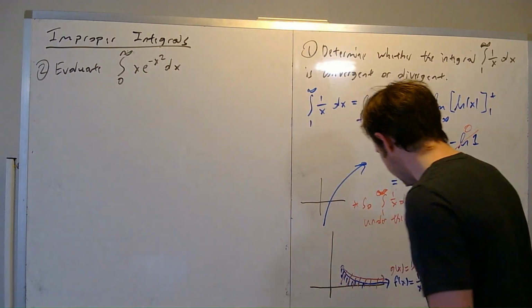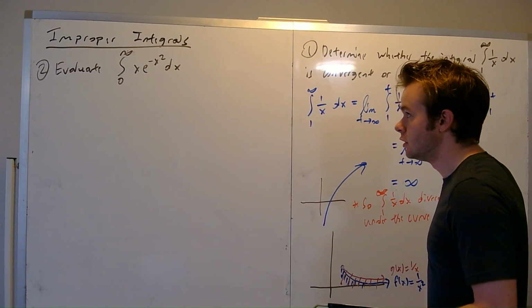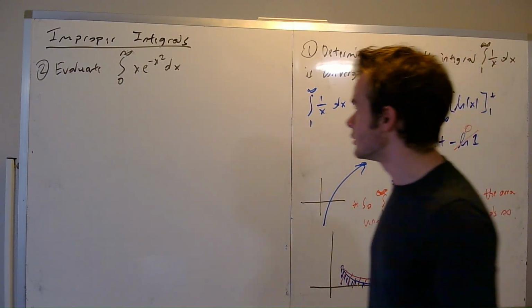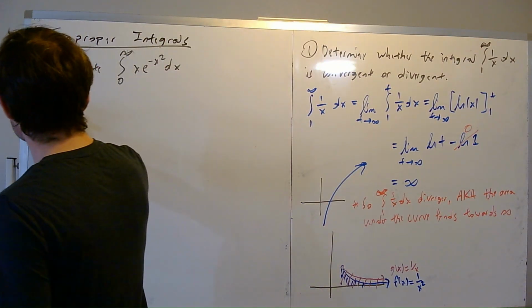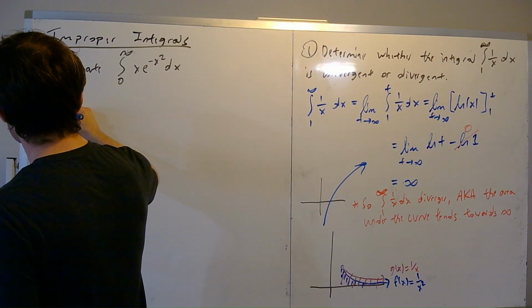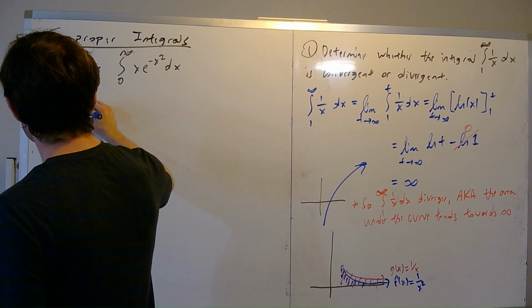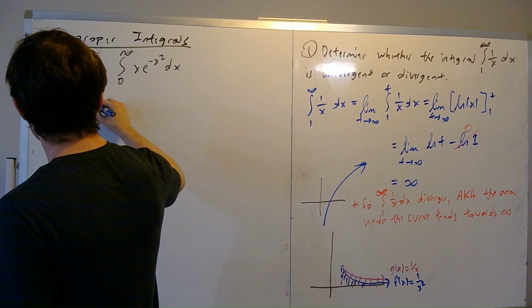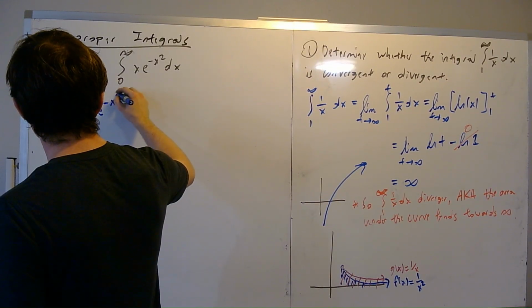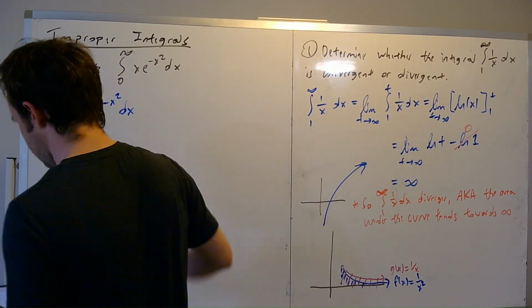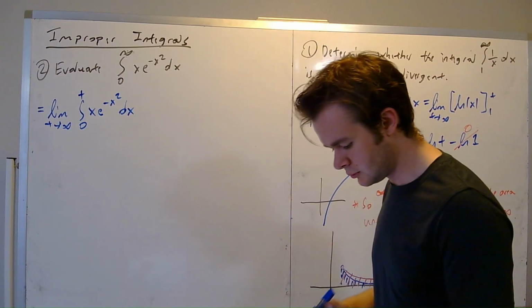Okay. So again, we said our strategy was to get rid of that infinity sign and replace it with a t. So this is equal to the limit as t goes to infinity of the integral from 0 to t of x e to the minus x squared dx.